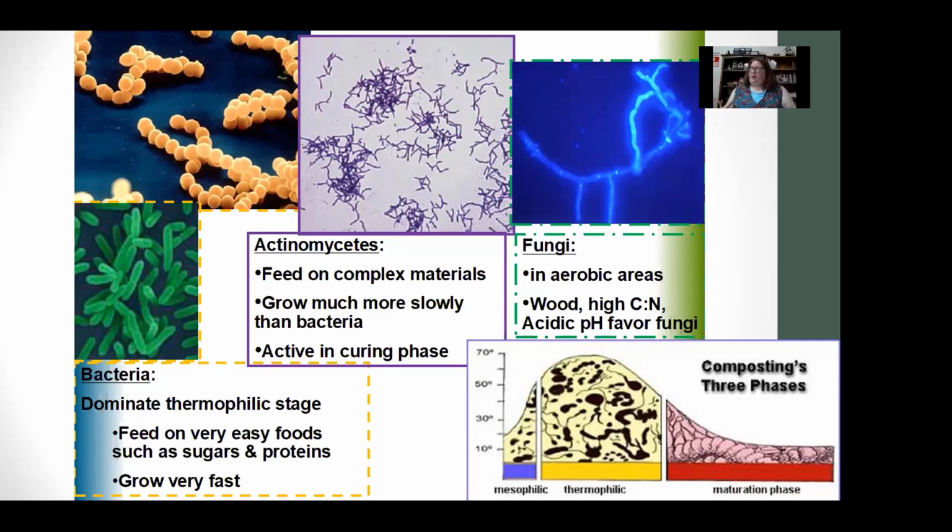Those organisms are going to thrive at that temperature. And not only are they going to use easy foods, but they're going to start to get into breaking down some of those harder foods, or at least softening up those harder foods. And when they've used everything they can use, the pile will cool down because their metabolism will slow down. When that happens, the actinomycetes and the fungi move in.